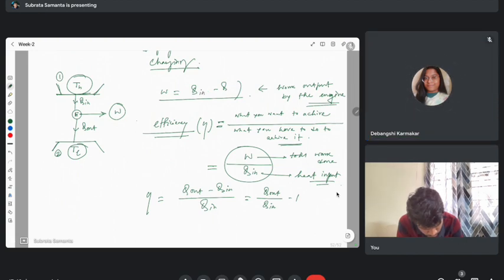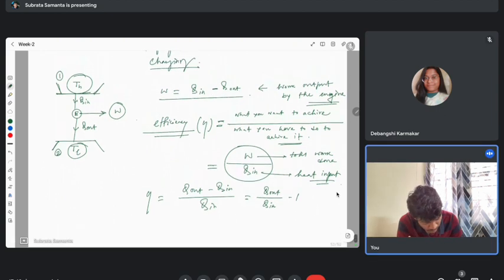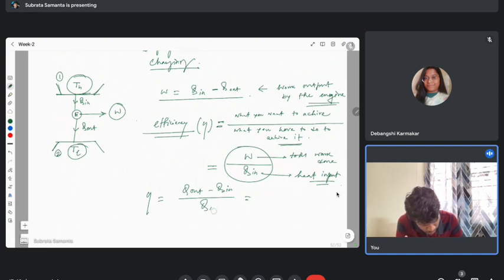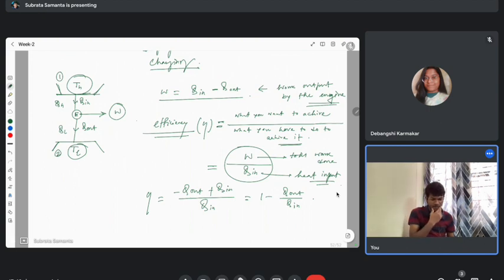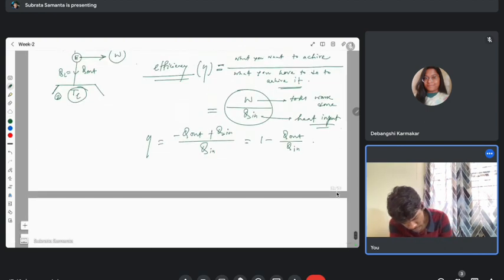So eta is 1 minus Q out by Q in. Let's denote Q in as QH and Q out as QL, the same notation as TH and QH, TL and QL. So that is the efficiency.